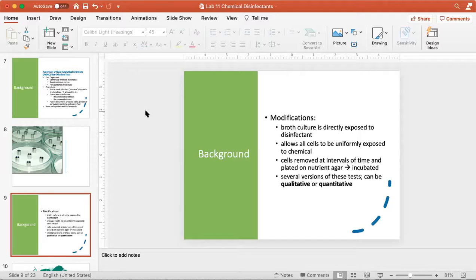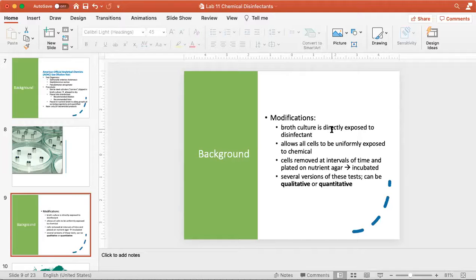Now, there are other tests available for comparing disinfectants. I've only shown you the 2 that are very common. For example, sometimes what scientists will do is they'll grow up a microbe in culture, they'll make a broth culture, and then they'll just directly put the disinfectant into the broth tube.